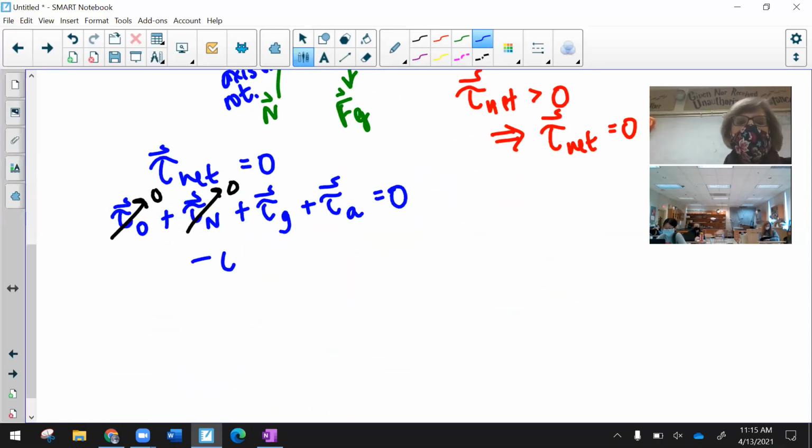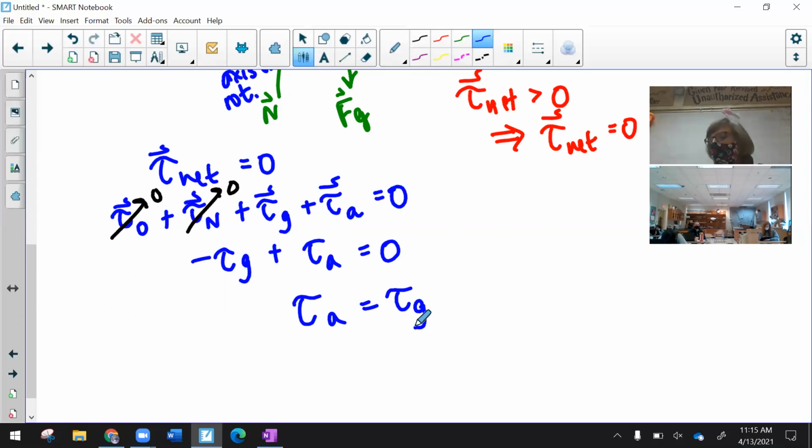So we're going to have negative tau g, positive tau applied, and that's going to tell us that the torque due to the applied force is going to have to be equal to the torque due to the gravitational force.